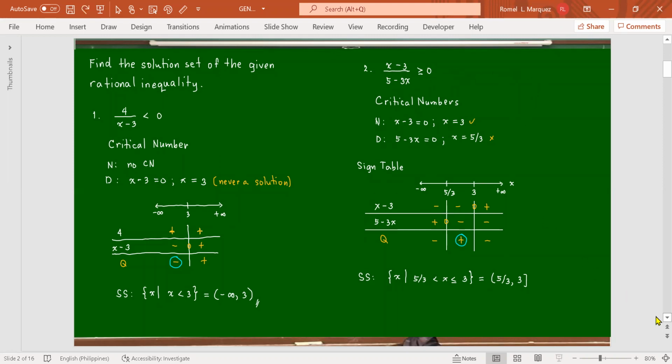Thank you. Let's now proceed to the third one, number 3. Let's say I have negative 5, then x plus 2, all over 4 minus x, and that is greater than or equal to 0.